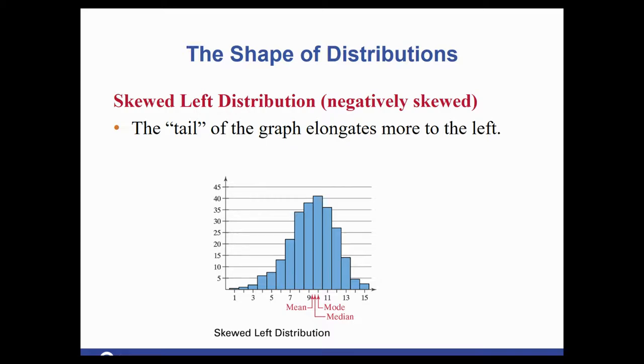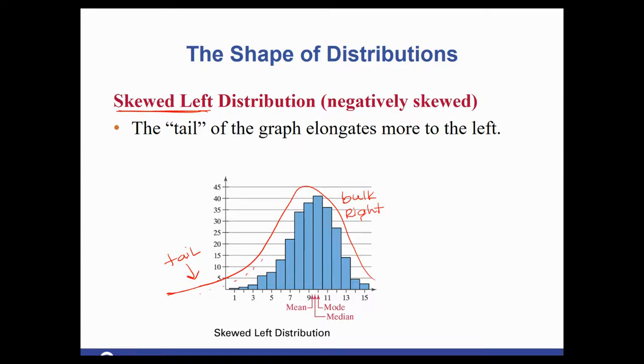Now, in addition to symmetric, we also have skewed data a lot. This one is skewed left, and that means that the tail of the data is to the left. So when we say skewed left, it means the bulk of the data is on the right-hand side. Bulk of the data is on the right, and it kind of trickles off to the left as we go down.